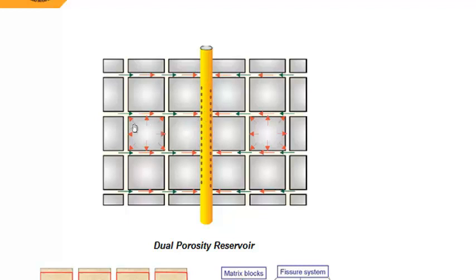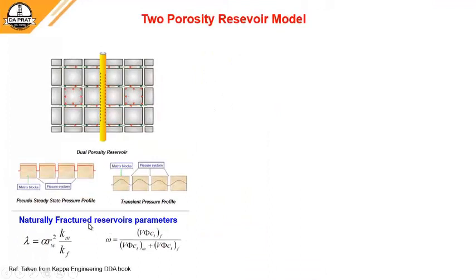Once you establish well flowing pressure here, then the major contribution is from the fractures that you see here, and then eventually there is a drop in pressure here, and depending on the matrix permeability, this is going to start the process of feeding the fractures. The way to feed the fractures could be of a pseudo-steady state type, where you have one pressure here in the fractures, one pressure in the matrix.